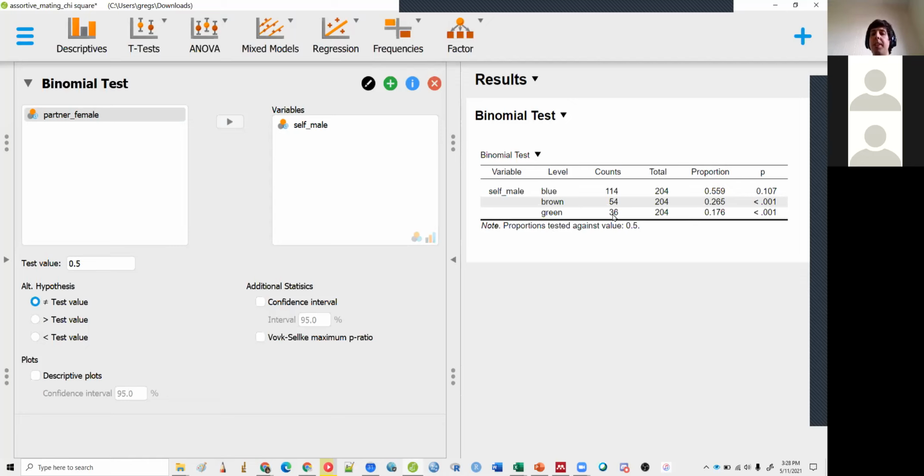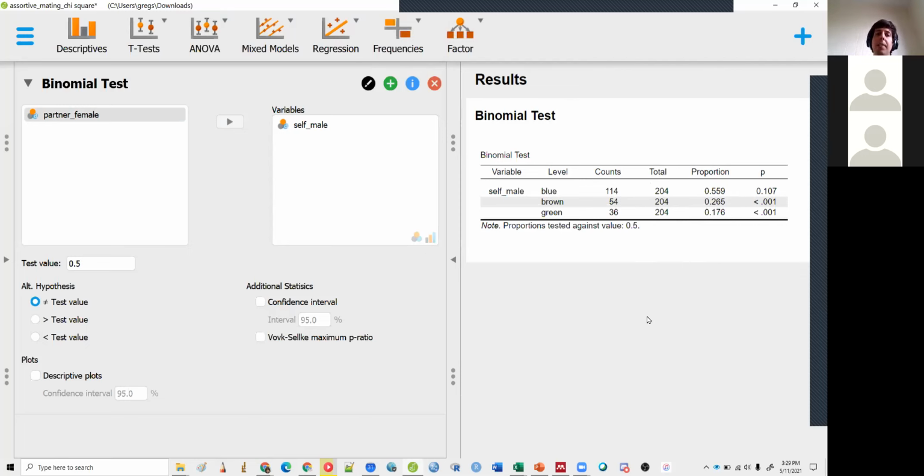It tells you the counts for each, and also the proportion of each eye color compared to the total. So 114, which is the number for blue, represents about 55.9% of the data. When it says proportion in this column, 0.559 is 55.9%.